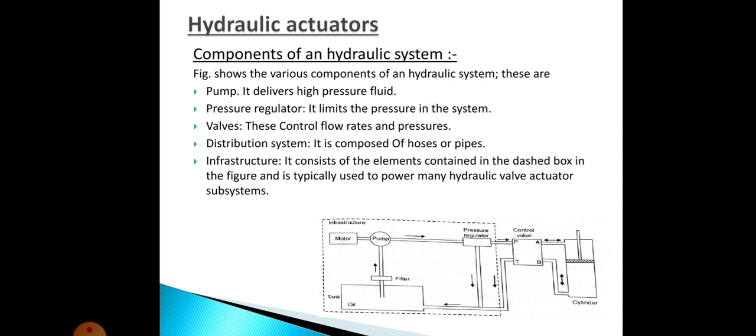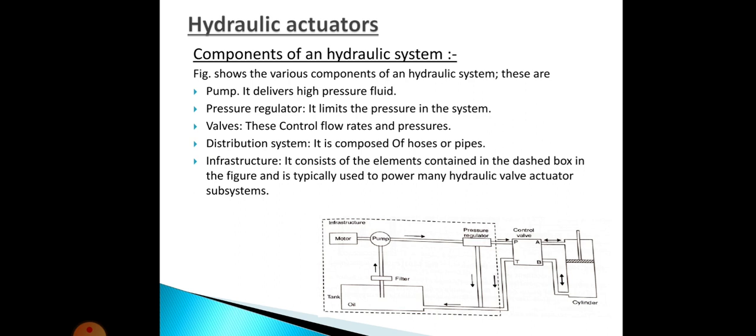Then there will be a distribution system, composed of hoses or pipes, which distributes the fluid. The next one, infrastructure. It consists of the elements contained in the dashed box in the figure and is typically used to power many hydraulic valves, actuators and subsystems.